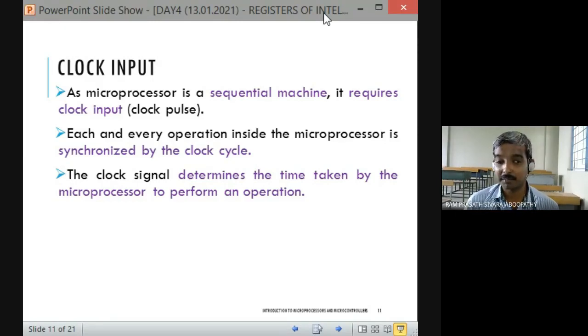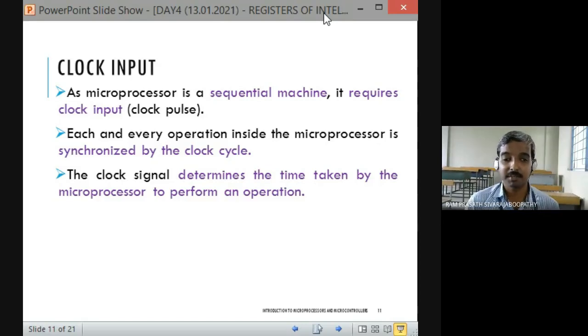One of the parameters defining the speed of operation of your computer or CPU is the clock input. So the clock pulse determines the speed of your CPU. How many instructions can your computer execute in a second? That speed is determined by the clock speed.